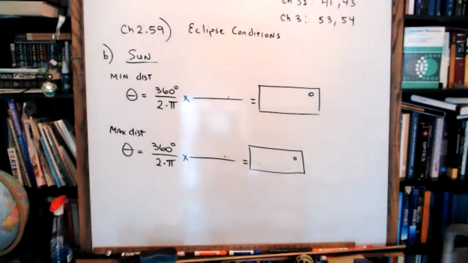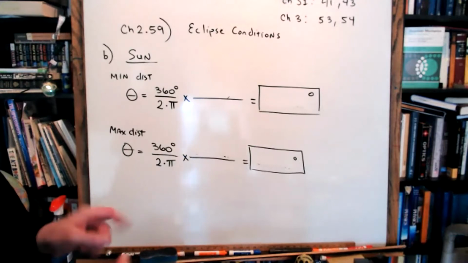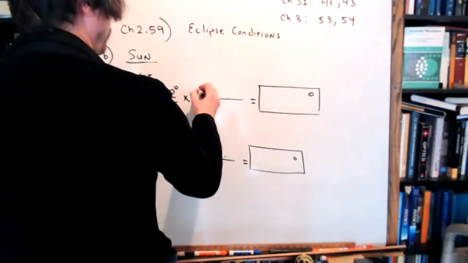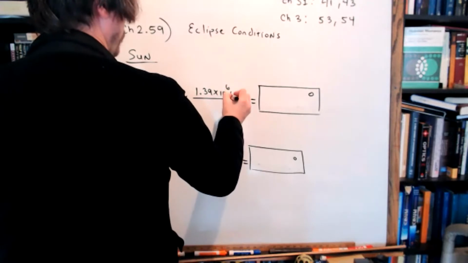I believe the diameter of the sun was 1.39 million kilometers. So I'm going to put that on the top for both.